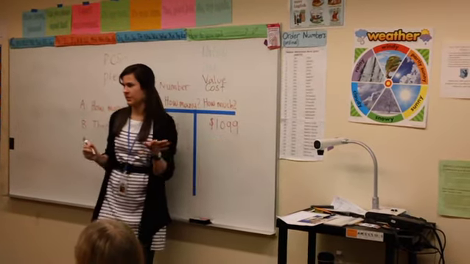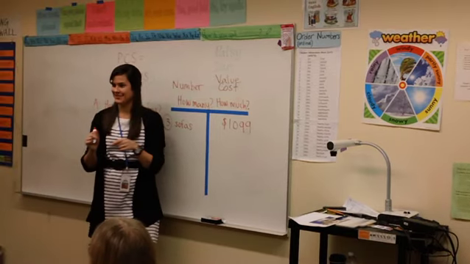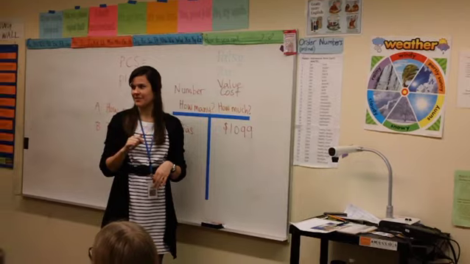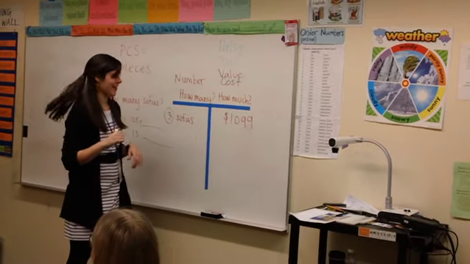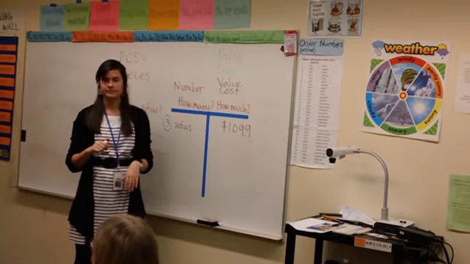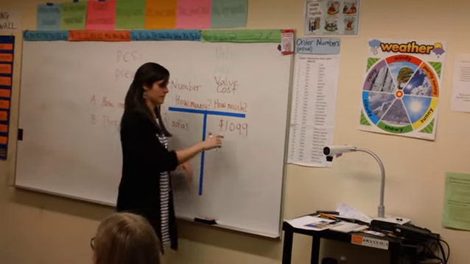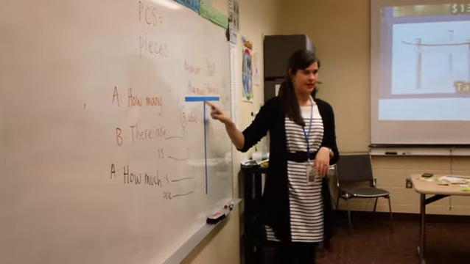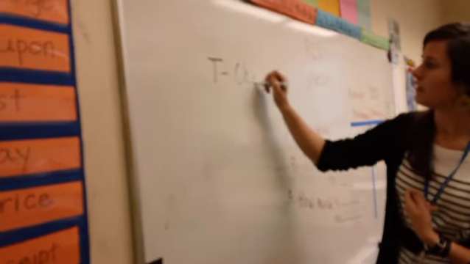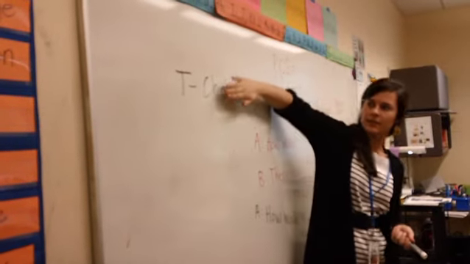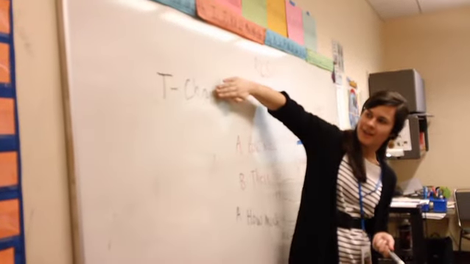And is that numbers or words? Numbers, right? We can see sometimes for the activity later, we see the words. So remember that. Okay. So we can ask, how much? $1,099. What we call this right here, T-chart.